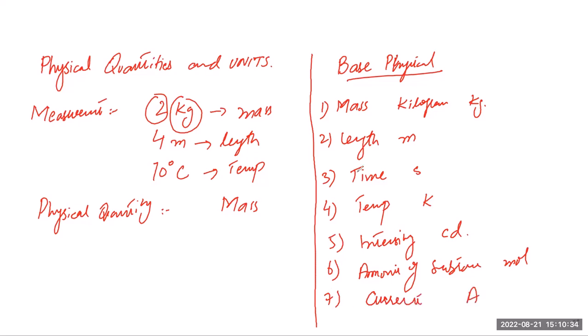Any physical quantity in this world is a combination of these 7 base physical quantities. So now, we can say there are derived physical quantities, which are combinations of base physical quantities.